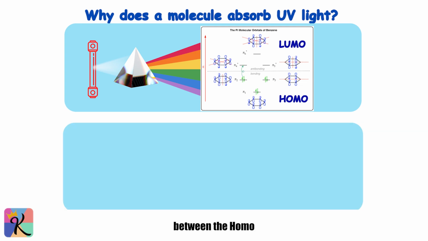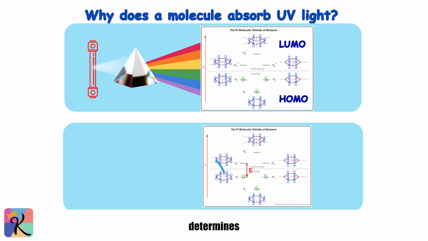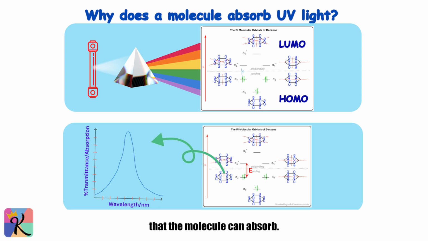The energy difference between the HOMO and LUMO determines the wavelength of light that the molecule can absorb. The smaller this energy gap, the longer the wavelength of light the molecule will absorb. This means that if the energy gap is small, the molecule will absorb light at a longer wavelength and lower frequency, which is key information we can derive from a UV spectrum.